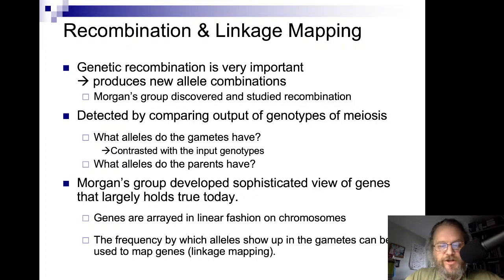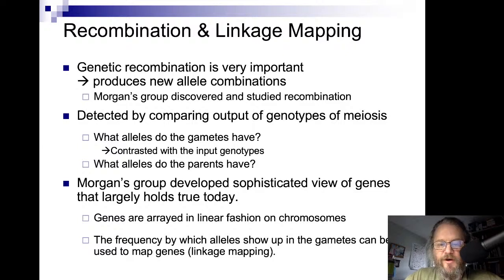So genes are arrayed in linear fashion on the chromosomes. The frequency by which alleles show up in the gametes can be used to map genes. Those two points are why Morgan got a Nobel Prize out of it. And just like Mendel, some of the principles that Morgan presented are still applied today.